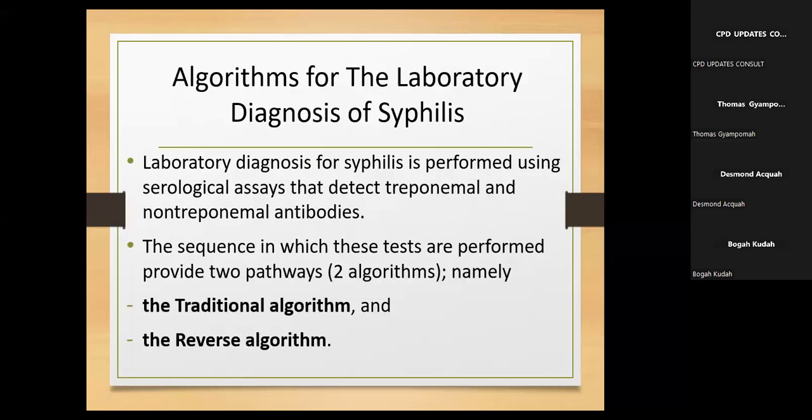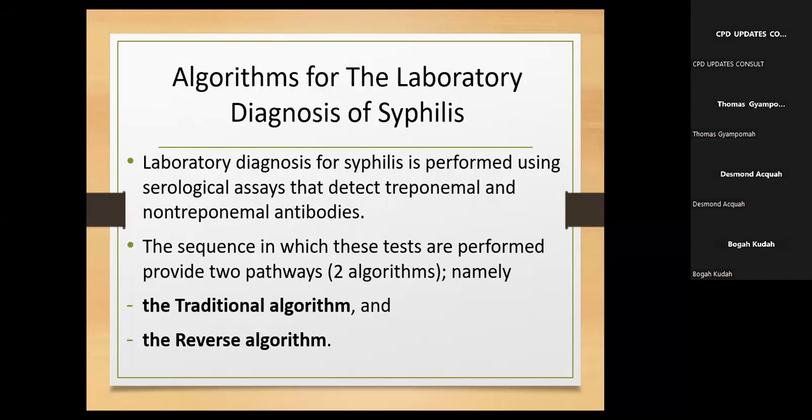So now the algorithms. We say algorithms are nothing but the sequence or the stepwise approach in doing this. So your algorithm is a step-by-step means of doing things. That's all. Whenever there's an algorithm, it is a stepwise or sequential approach to doing whatever you want to do.